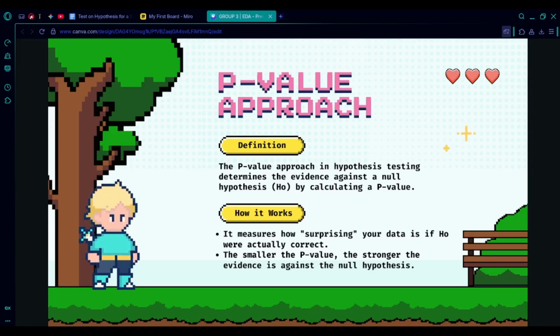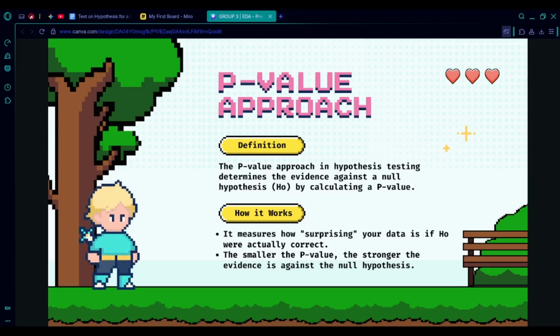How it works? It measures how surprising your data is if the null hypothesis were actually correct. The smaller the p-value, the stronger the evidence is against the null hypothesis.